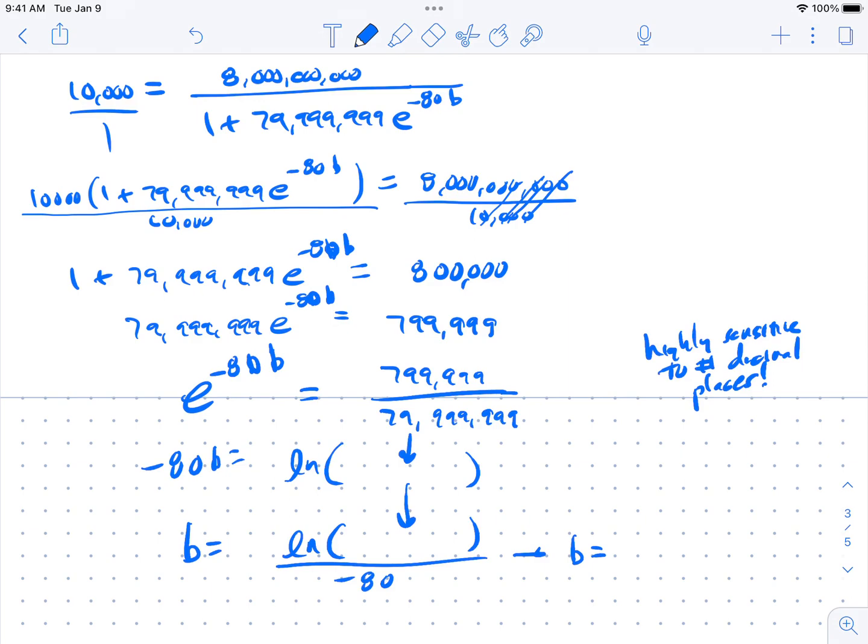So 799,999, that's going to be divided by 79,999,999 equals. And now I have to take the log of the answer, equals. And now I have to divide by a negative 80 equals. I've got B equals, boy, it looks like a normal number compared to what we've been playing with.